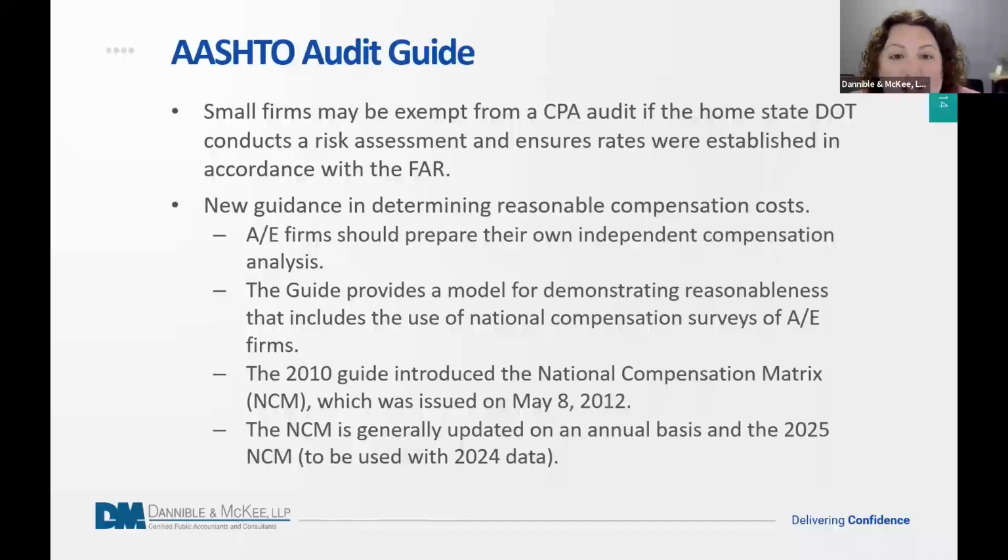So we all know it doesn't take much to get to $1 million of gross revenue. Most firms that do work with state or federal agencies have to comply with this FAR audit. So when you're just starting to break into governmental work, this is something that you may see coming down your pipeline. Maybe it's not the first year of your firm, but certainly in the future.